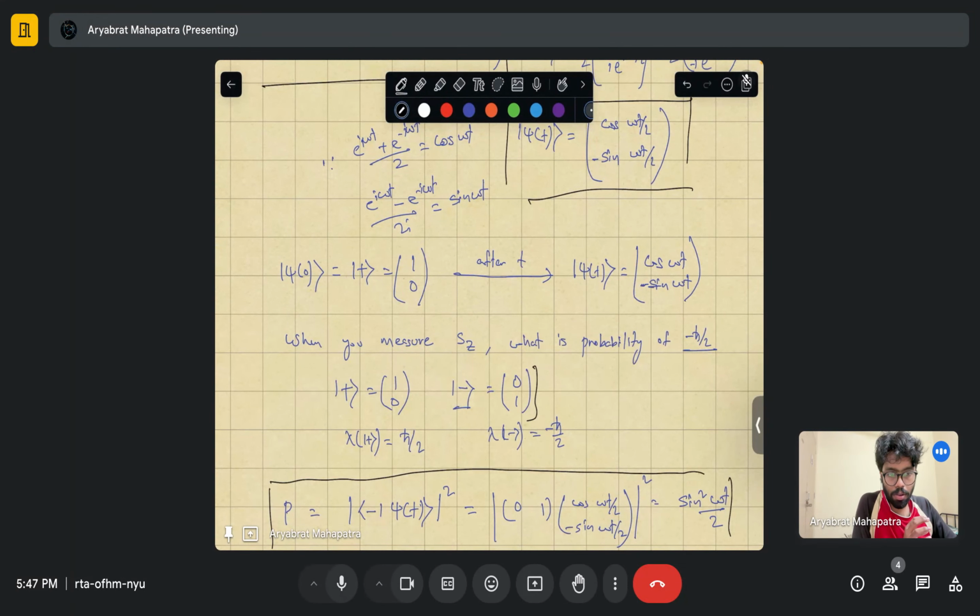What is asked in the question is the probability that when you measure psi t, you will get this minus. So you have to take the inner product of minus and psi t, and I know the minus state in matrix form. So if I write psi t also in matrix form, then I can take the inner product.